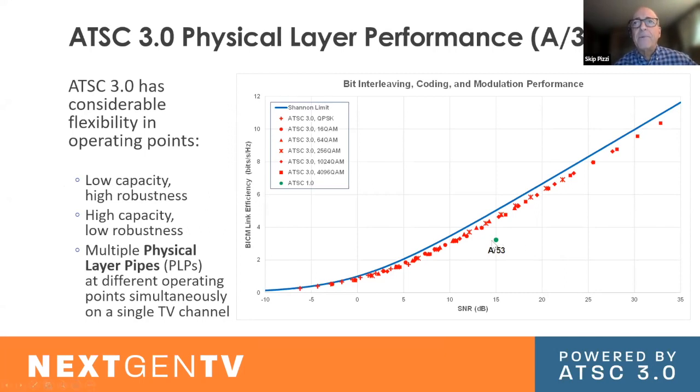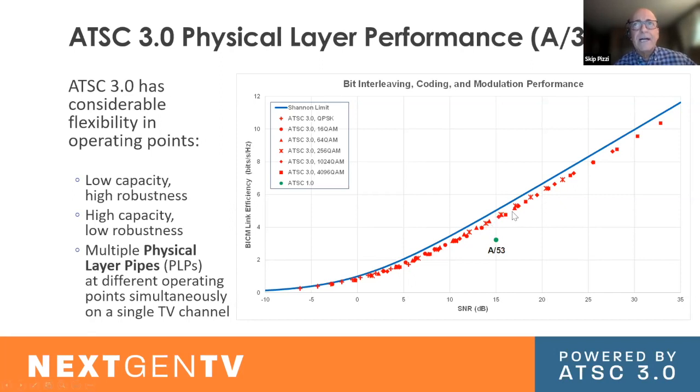That operating point there is at a 15 dB signal to noise, and this calculation over here in bits per second per hertz works out to the 19.39 megabits per second data rate of the payload for ATSC 1.0. So you can see right away at 15 dB signal to noise, you get this increase.